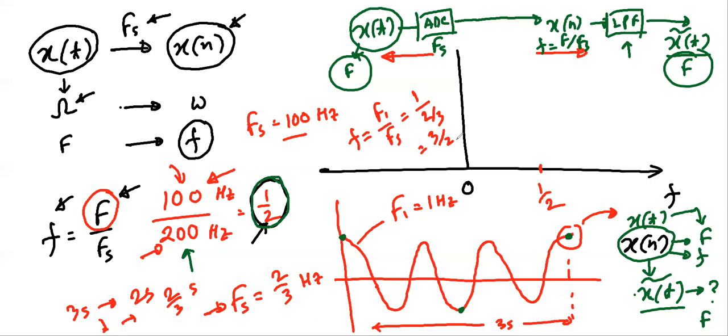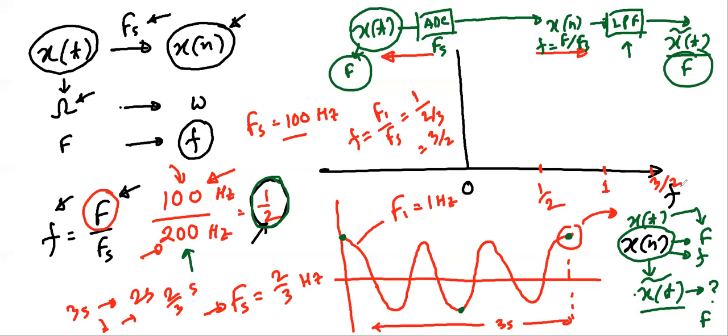This is of course more than half. So let's say this is 1, and this is the point of 3 by 2. That is the value of f.